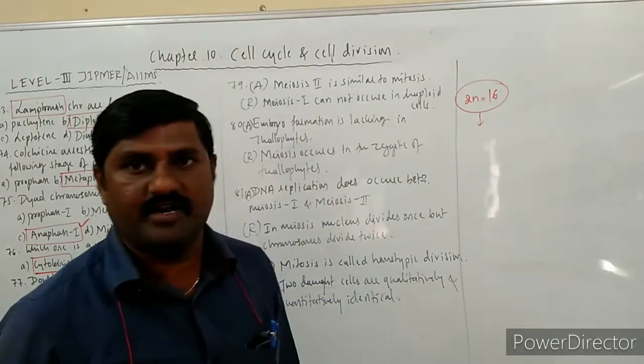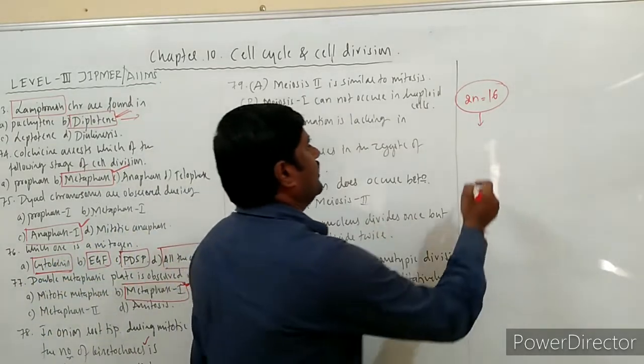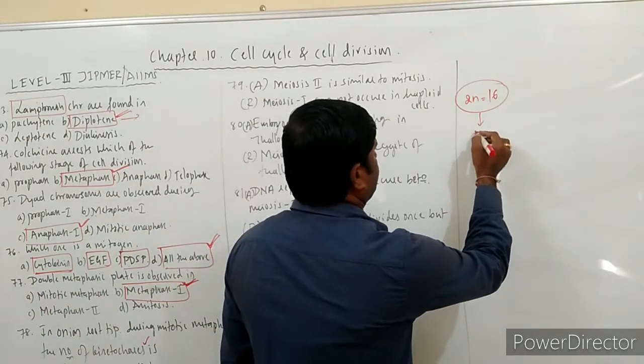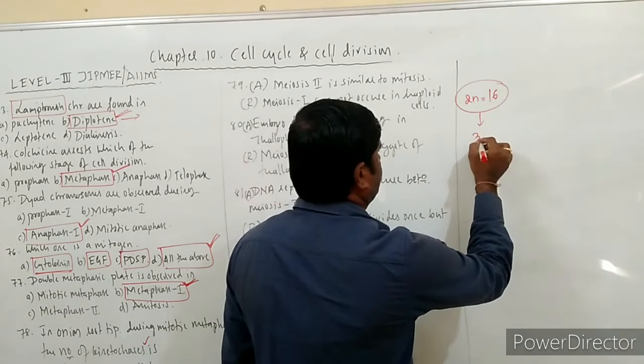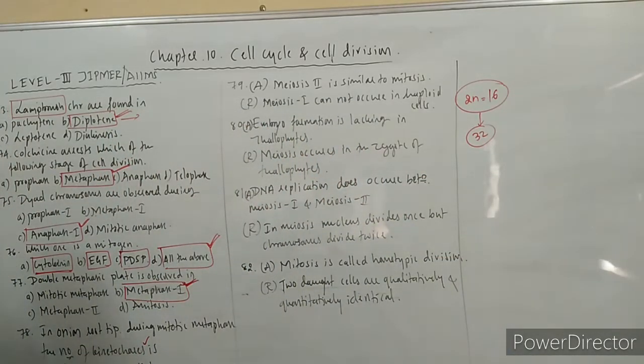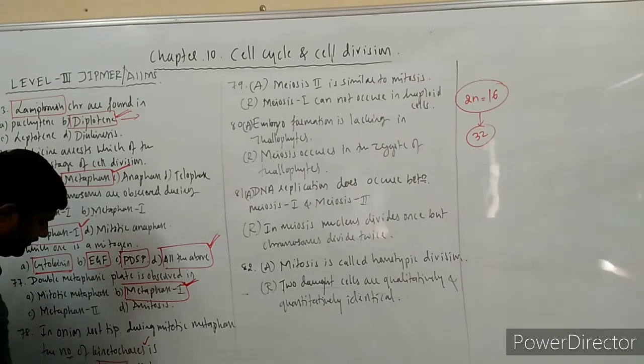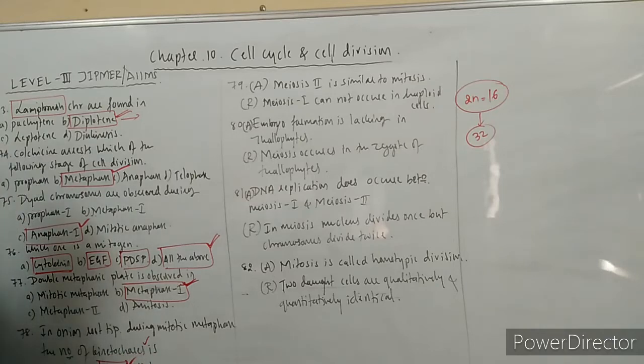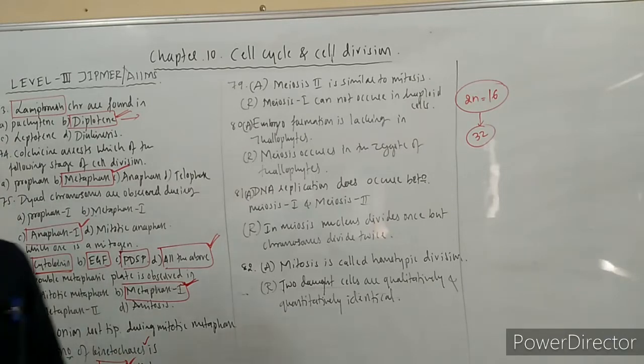If 16 chromosomes are there, automatically the number of kinetochores is double of this, that is 32. Hence, the number of kinetochores in mitotic metaphase is 32. Hence, option C is the right answer for this question.